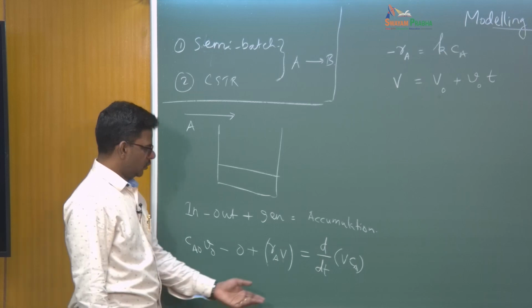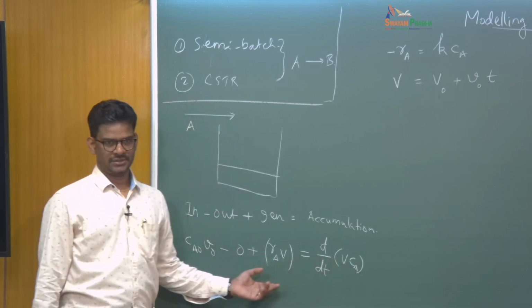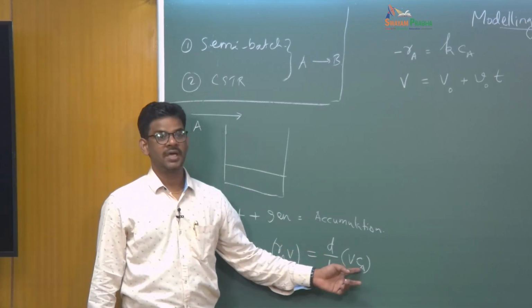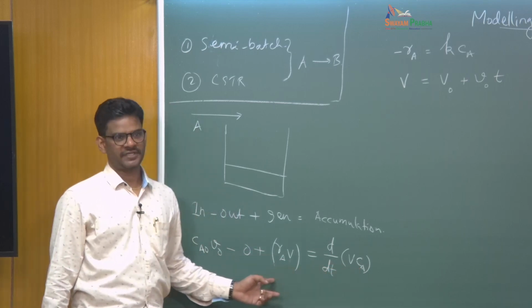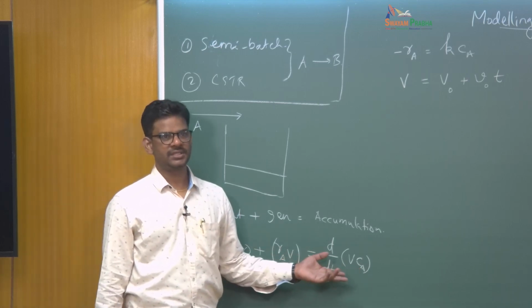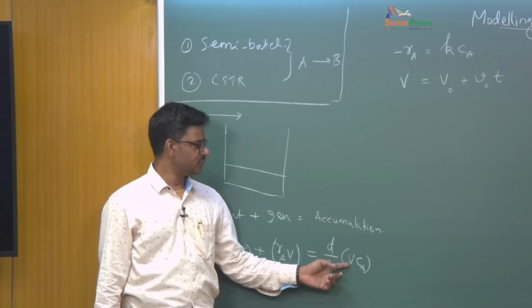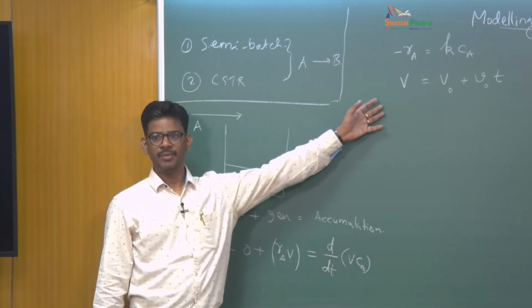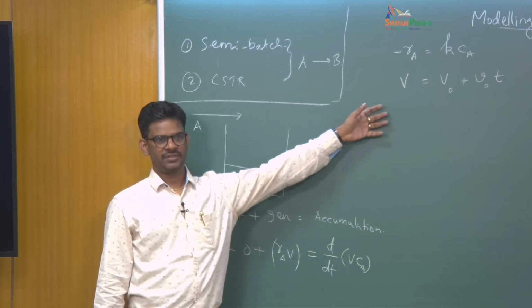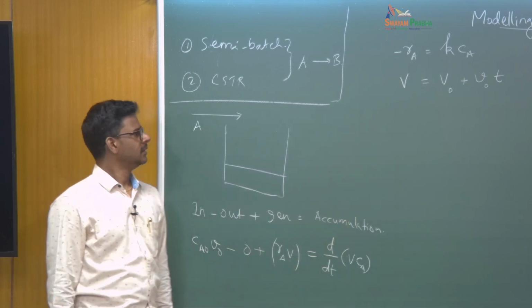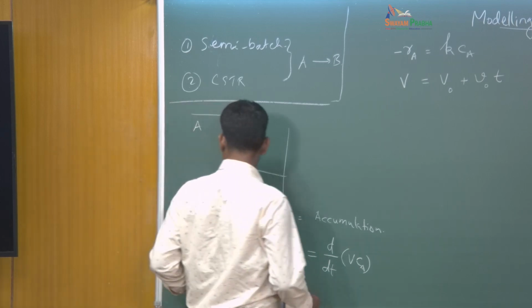So you can see that there are two things in this equation. One is the volume, another one is concentration. Both are functions of time. We primarily are interested in the time change of concentration, and now we can substitute for volume using this independent mass balance on the volume of the reactor. So we can substitute all that. So this quantity is constant.